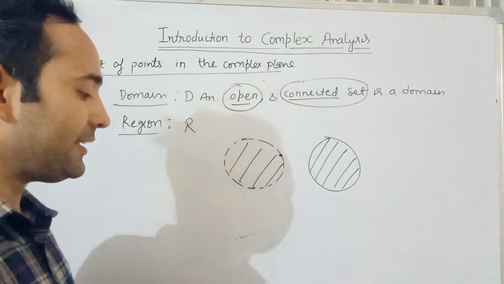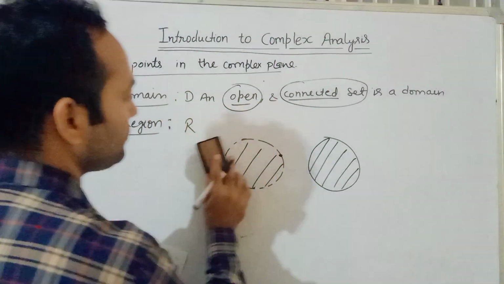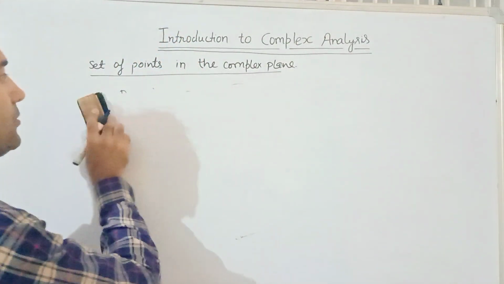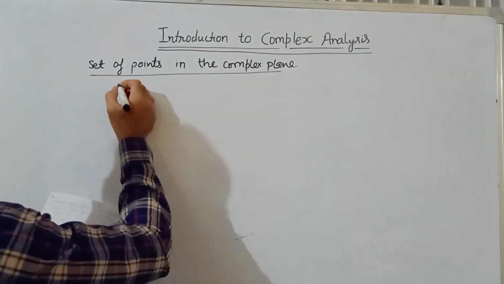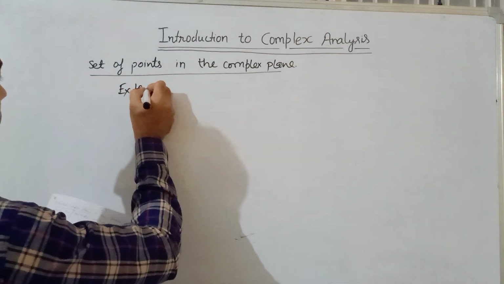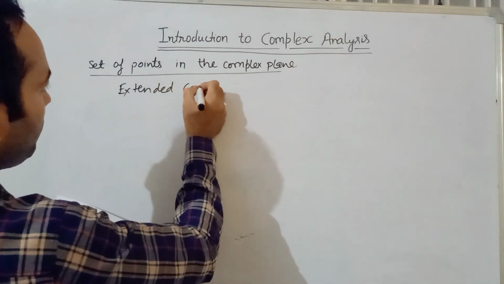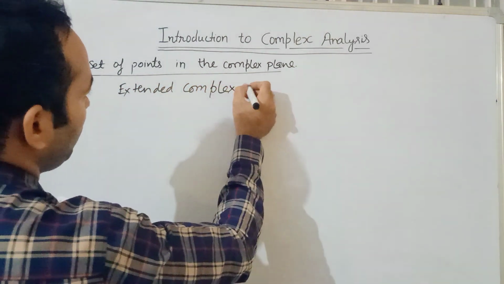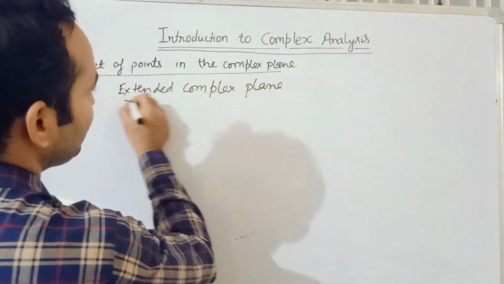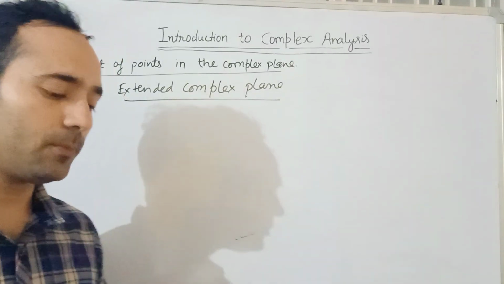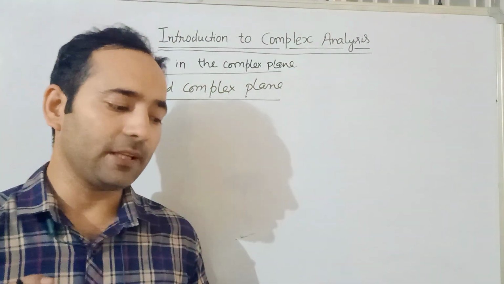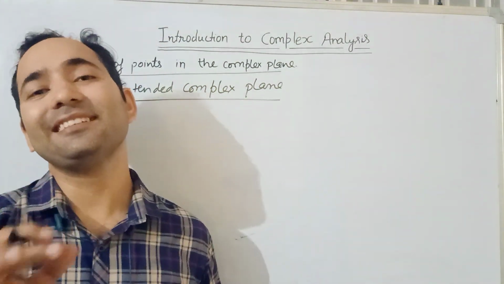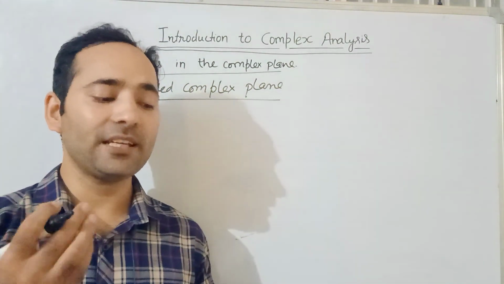Now, extended complex plane is one of the last topics that we have to cover in this. What is the extended complex plane? A complex plane to which the point at z equal to infinity has been added.